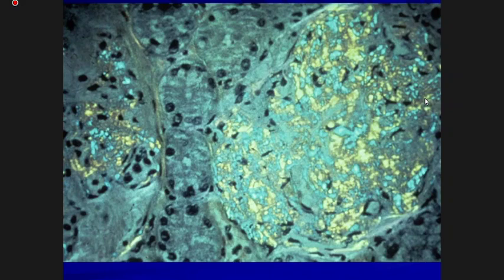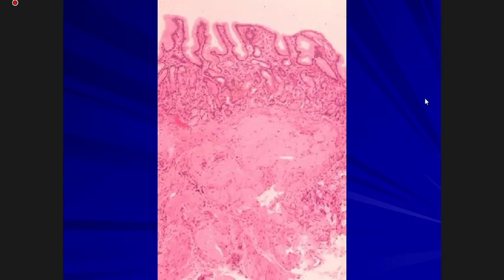This one is under polarized light, apple green birefringent with Congo red stain. This is also accumulation, if you can appreciate the amorphous eosinophilic area.